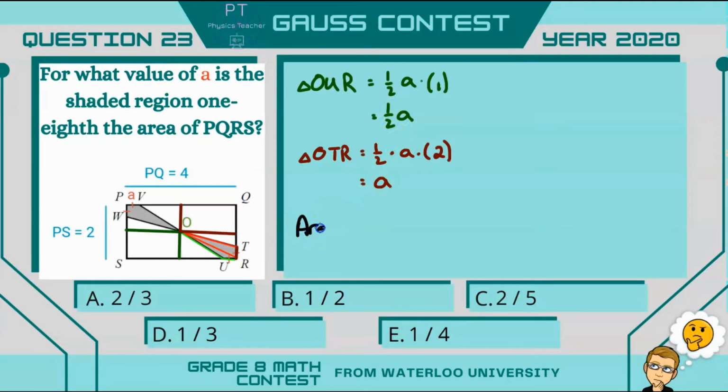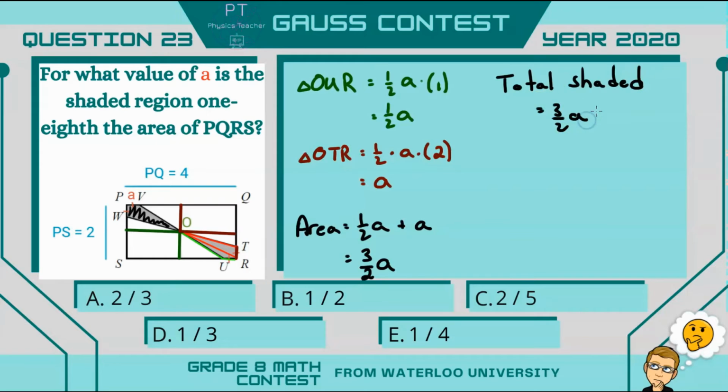So we can say that that area is just equal to 1/2 A plus A. And 1/2 A plus A is simply 3/2 A. Then we can also say that this area here is the exact same as the area below, and therefore the total shaded area is just going to be that value, 3/2 A, multiplied by 2. So when we do that, we get an area of 3A.